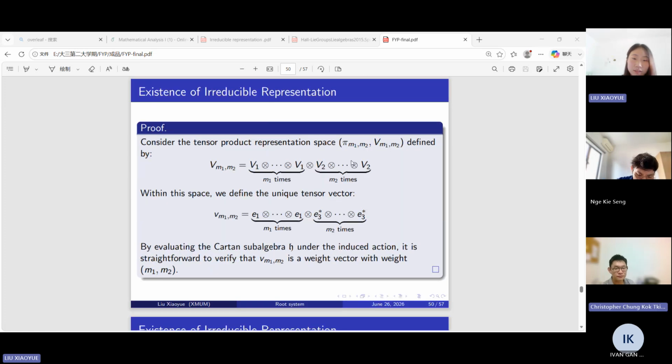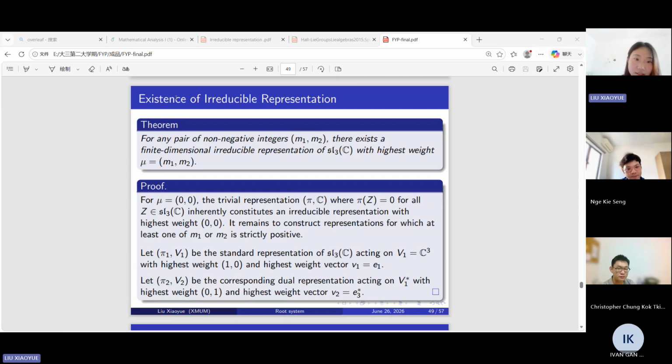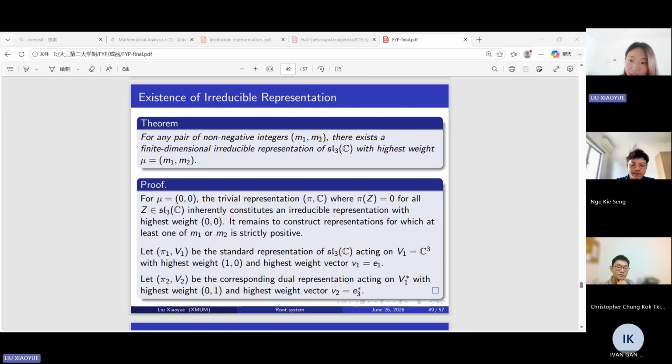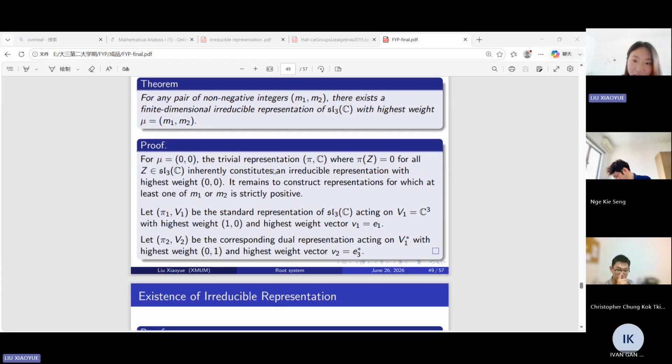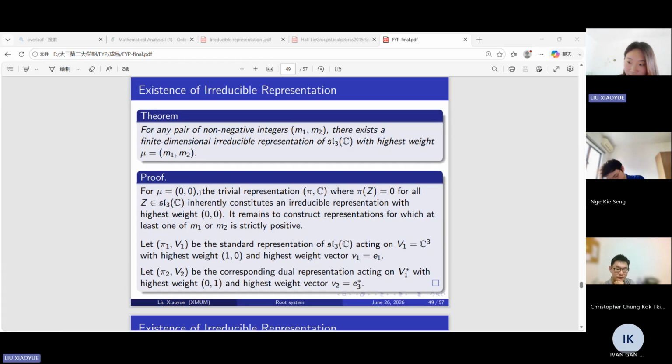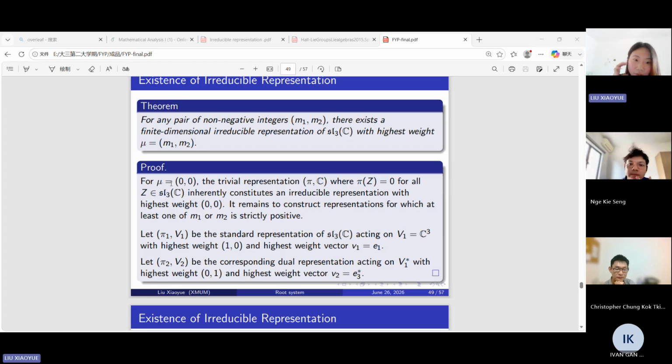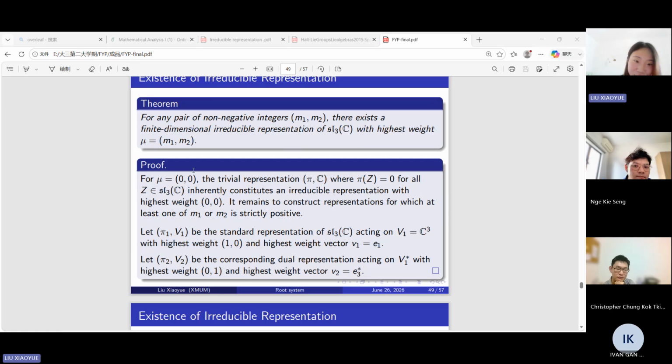Okay. So the core theorem says that for any pair of non-negative integers, there exists a finite irreducible representation with that highest weight, and we can prove it. Firstly, for the zero weights, we know there must exist a trivial representation that fits the condition.